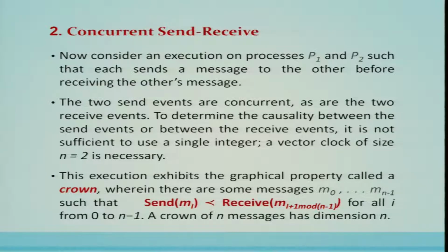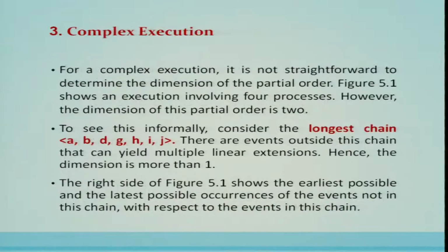To determine the causality between the send events or between the receive events, it is not sufficient to use a single integer. A vector clock of size 2 is necessary. This execution exhibits a graphical property called a crown. A crown of n messages has dimension n.